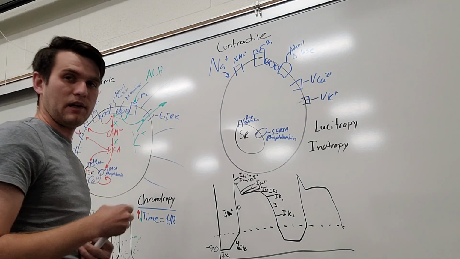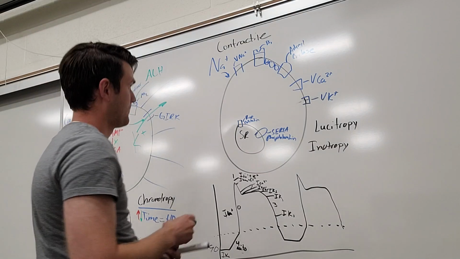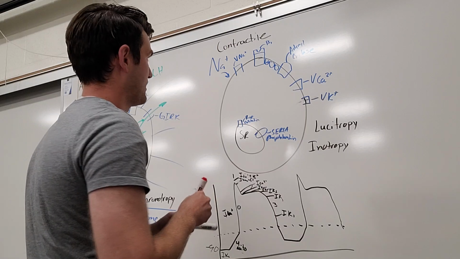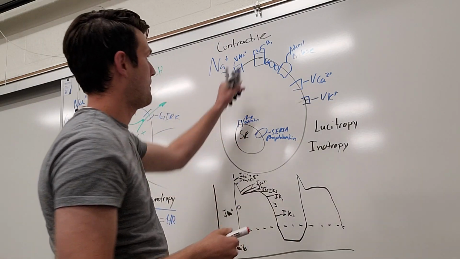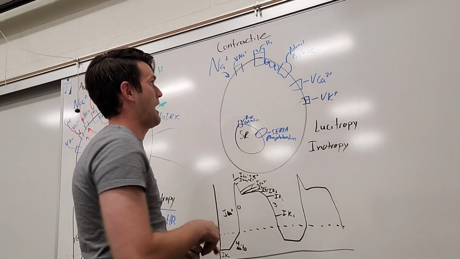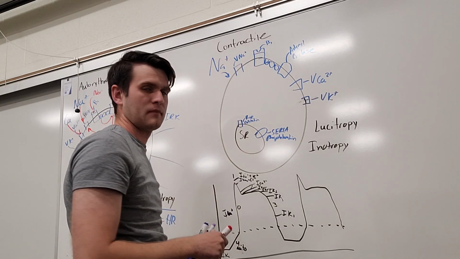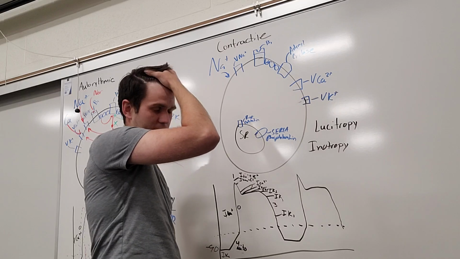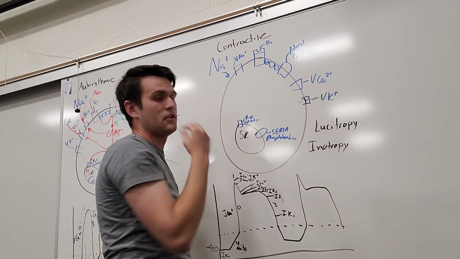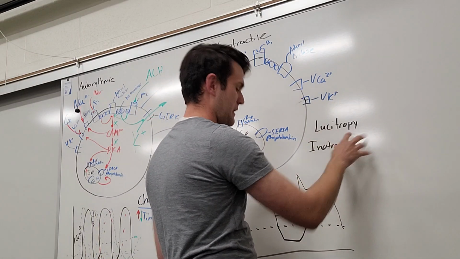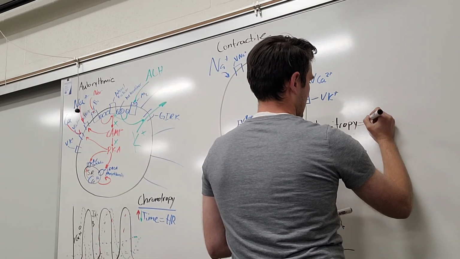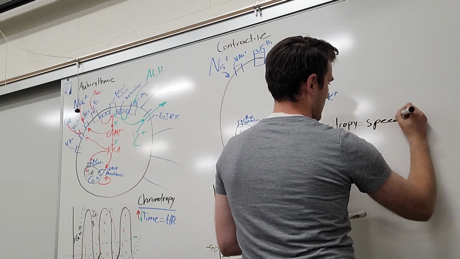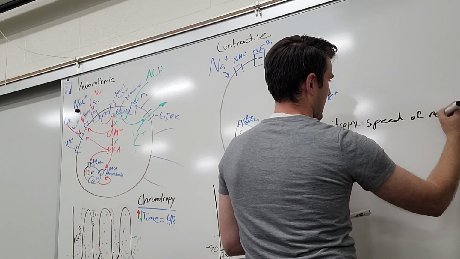Whew, okay, but our contractile cells also have what's called beta-1 receptors. We know what beta-1 receptors are, so we're going to see what happens when we activate those receptors. Now, one thing to remember about contractile cells is they control two concepts. One is lusitropy, and what lusitropy is, is the speed of relaxation.